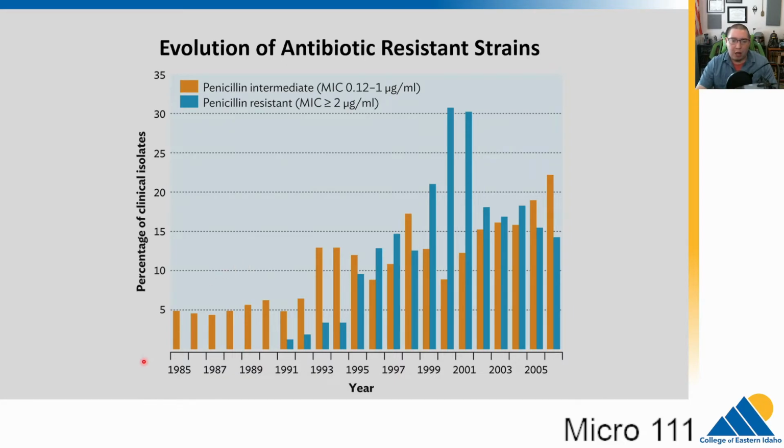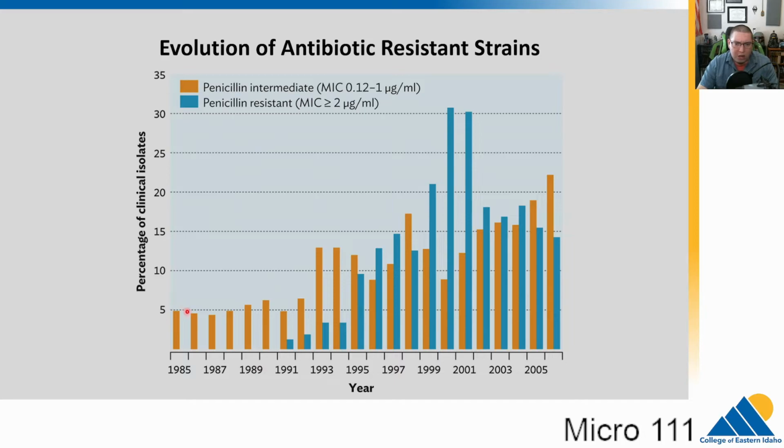So here's a graph that shows time down here and the percentage of clinical isolates that show resistance or intermediate resistance to penicillin. In blue, we have penicillin-resistant bacteria. In orange, we have intermediate resistance.